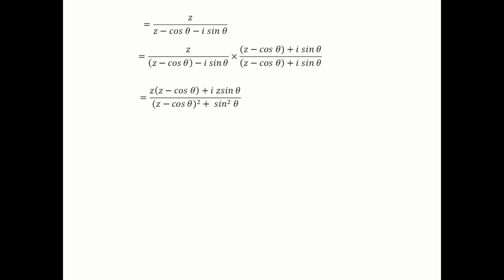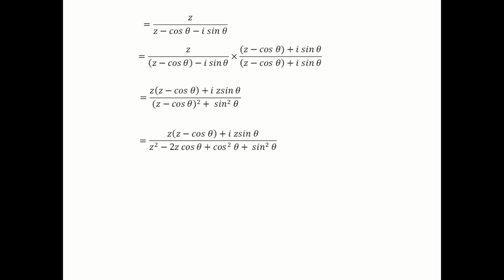In the numerator, multiplying z into (z minus cos θ) plus z into i sin θ, that is i z sin θ. In the denominator, we use the (a plus b)(a minus b) formula, a² minus b², where a is z minus cos θ and b is i sin θ. So (z minus cos θ)² minus (i sin θ)². Since i² is minus 1, minus into minus gives plus, so the denominator becomes plus sin²θ.